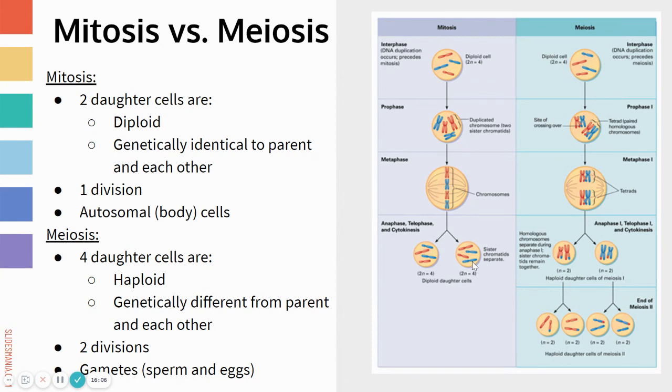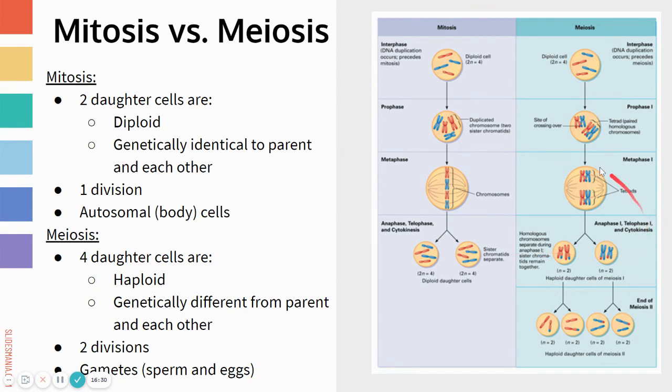And each daughter cell is going to be identical to one another and to the parent. So the goal of mitosis is to preserve that genetic information and keep it exactly the same in the daughter cells. Because we're making two cells, we only go through one division, and this process is used for our body cells, so things like our kidney cells and anything that's not a sperm or egg.